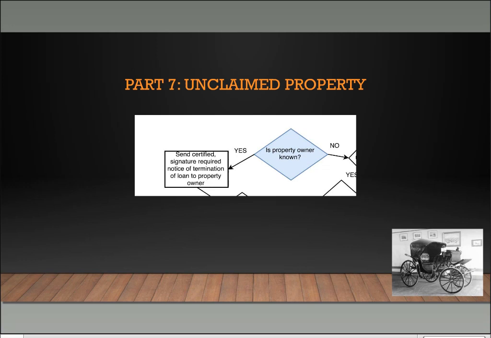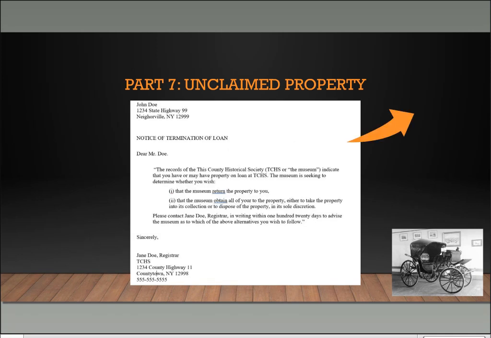So even though he lent us this or gave us this carriage in 1962, we're going to send a certified, signature required notice of termination of loan to the property owner. So we're going to send this piece of mail to John Doe. This is what the notice of termination of loan looks like. Remember, it's considered a loan if it's on your property. It doesn't matter if it's actually a loan or not.